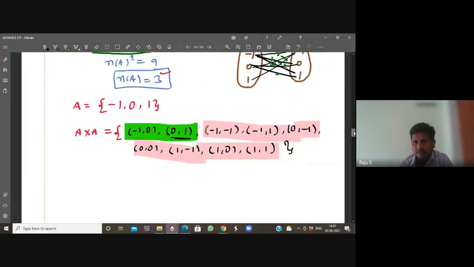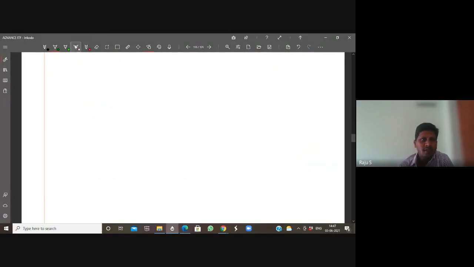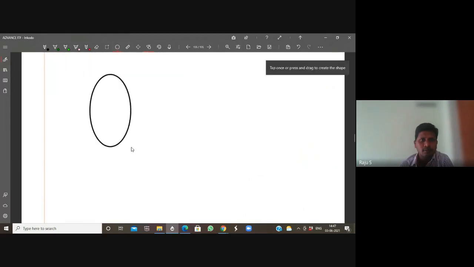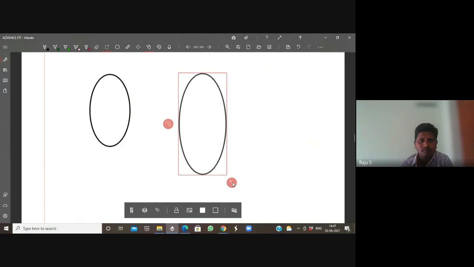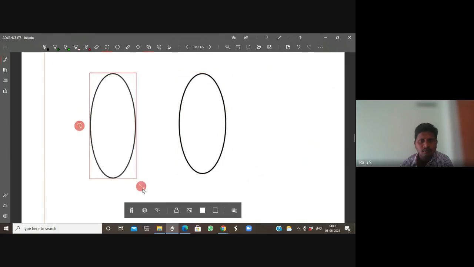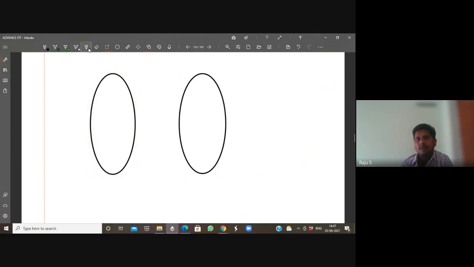Right, let's see now. I'm going to take a relation from A to B here. I'm taking this as capital A, this as capital B, and capital R is the relation from here.